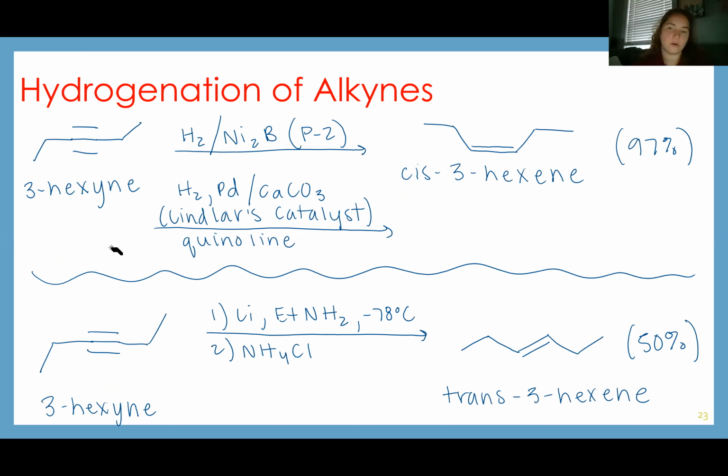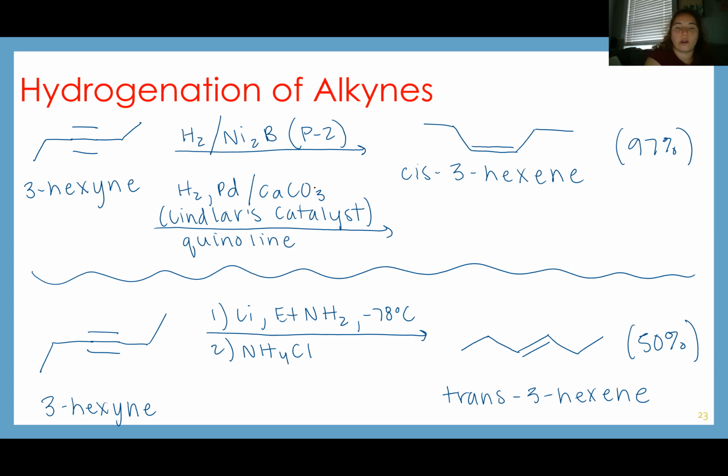You can also reduce an alkyne. You can take it to an alkene, and then you can further reduce it to an alkane. So if you take an alkyne and you react it with hydrogen, and then there's this nickel boron complex, you end up with the cis isomer of the alkene.